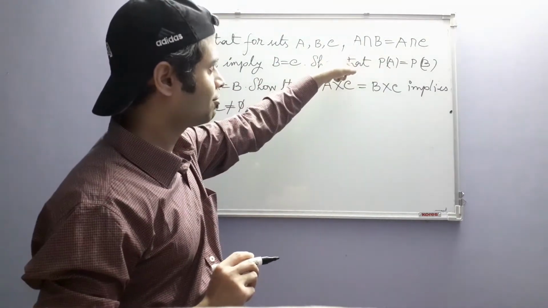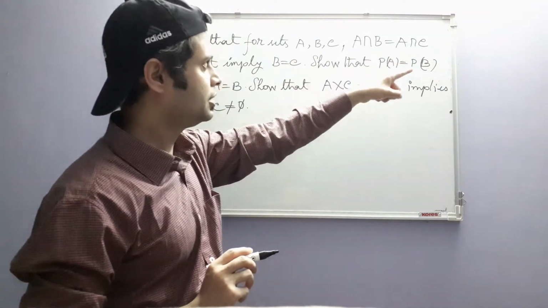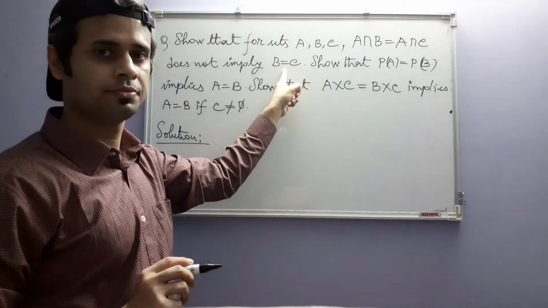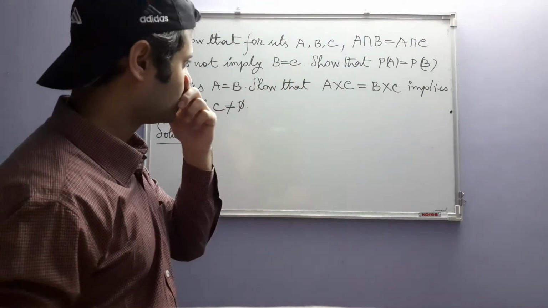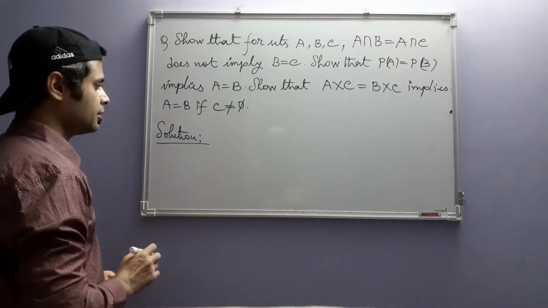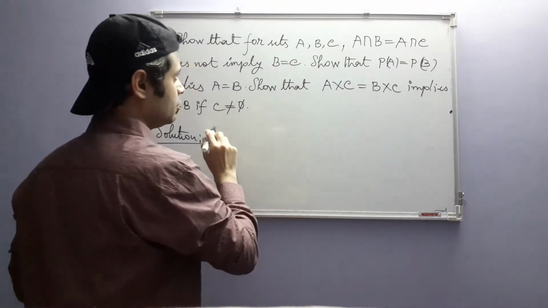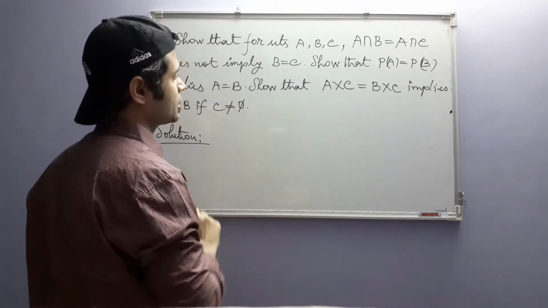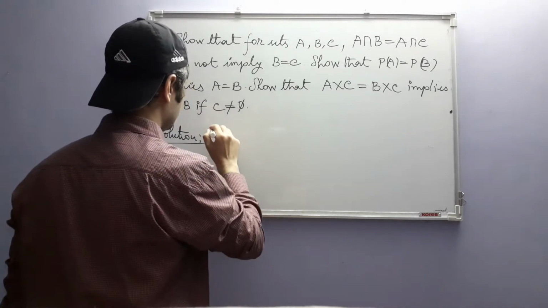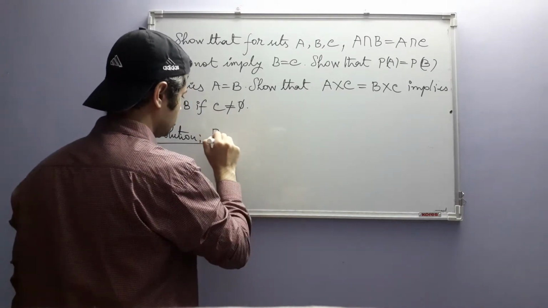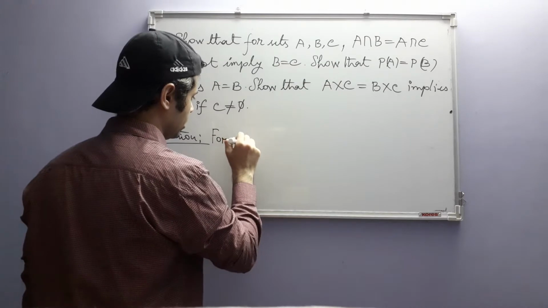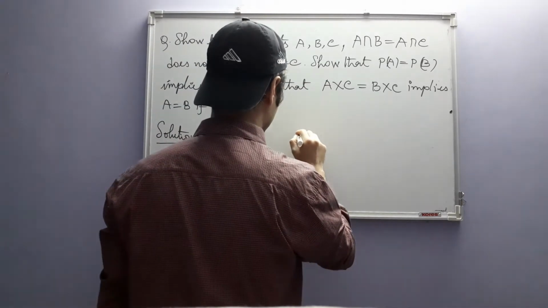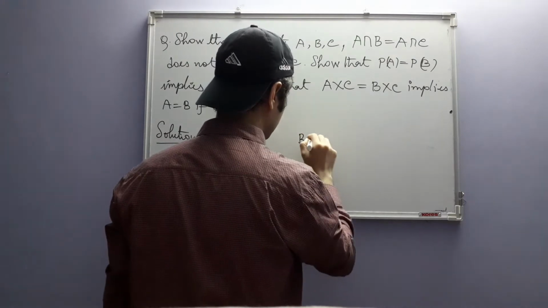That means we have to find some sets A, B and C for which this is true but this is not true. And it's not very difficult if you think about it. For two intersections to be equal, but the sets are not equal. For A equal to, let me choose A later.